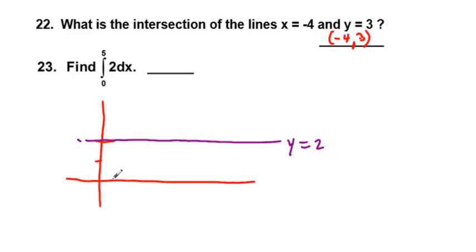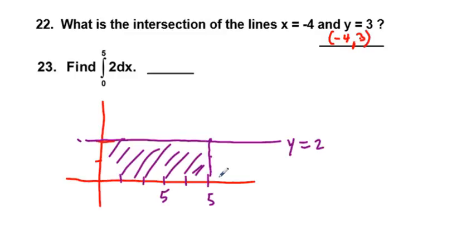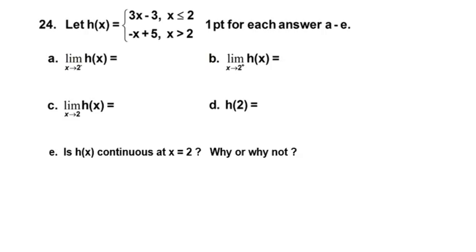And then we have limits from 0 to 5, from 0 to 1, 2, 3, 4, 5. So 5 we have right here. So what we have is a rectangle whose width is 5 and whose height is 2. So our answer is going to be 5 times 2, which equals 10. Okay, that is our right answer for problem number 23.